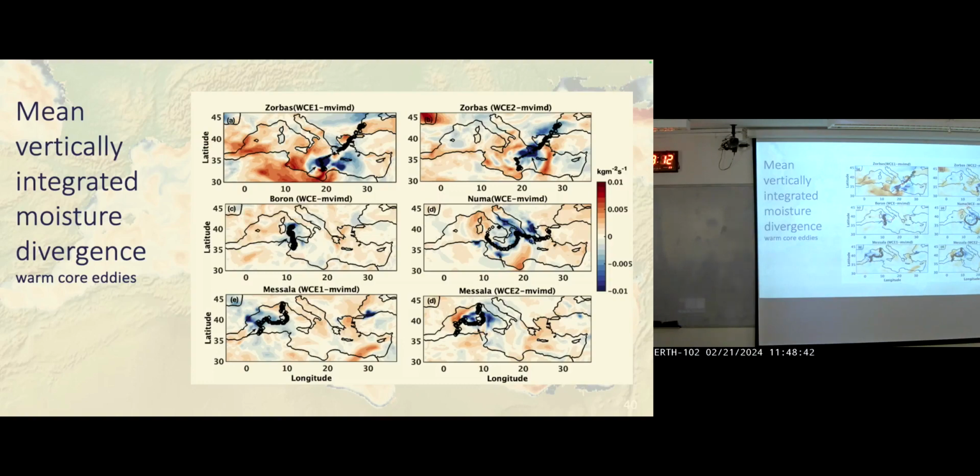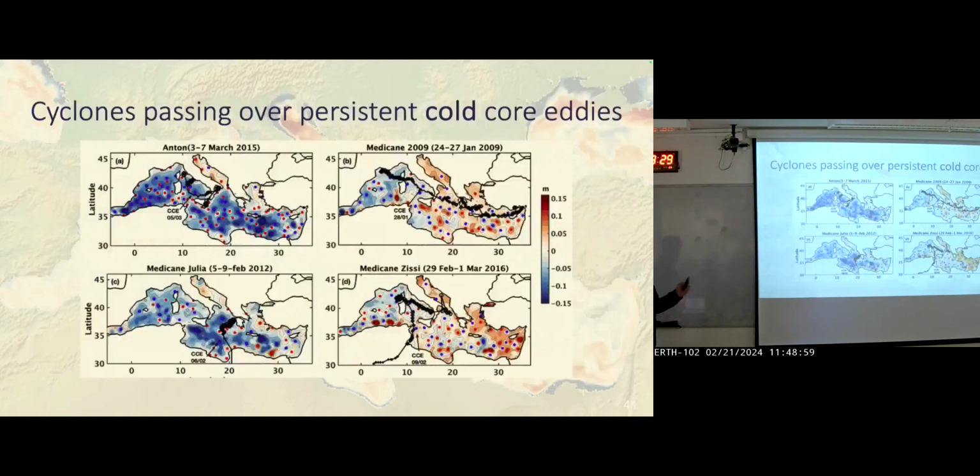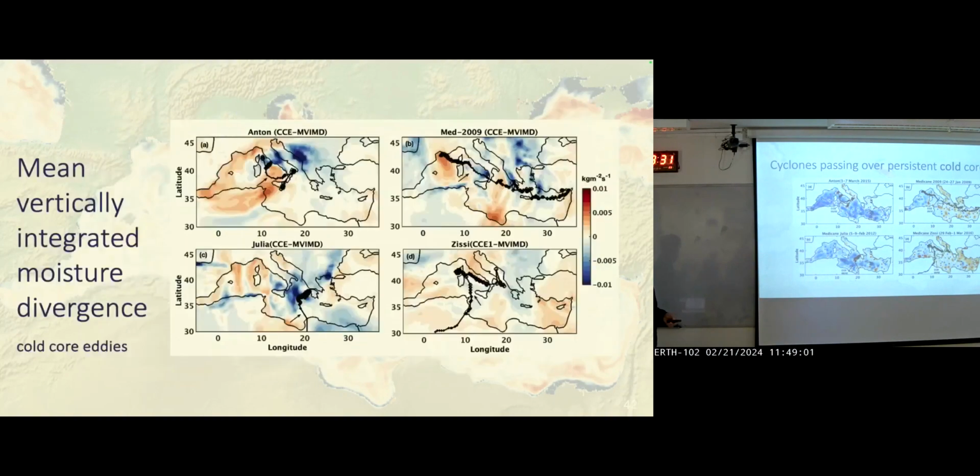I guess it's hard to see the arrows here, but in this region and this region and this region, we see quite clear convergence of moisture over the eddies. This is the warm core case, when the cyclone passes over a warm core eddy, and we did it also for cold core cases.